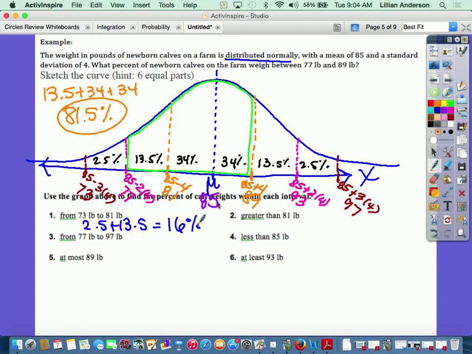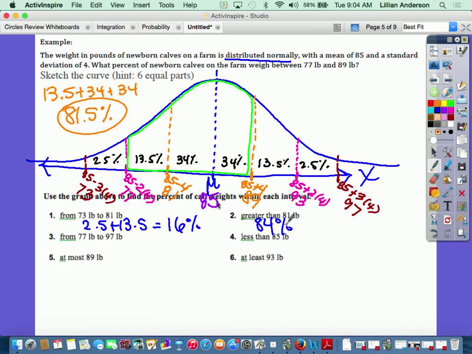Since we already know how many weigh less, basically from 73 to 81, we can easily do 100 minus this, which is 84, or we can again just add the intervals. Either way would get us 84% of our calf weights above 81 pounds.